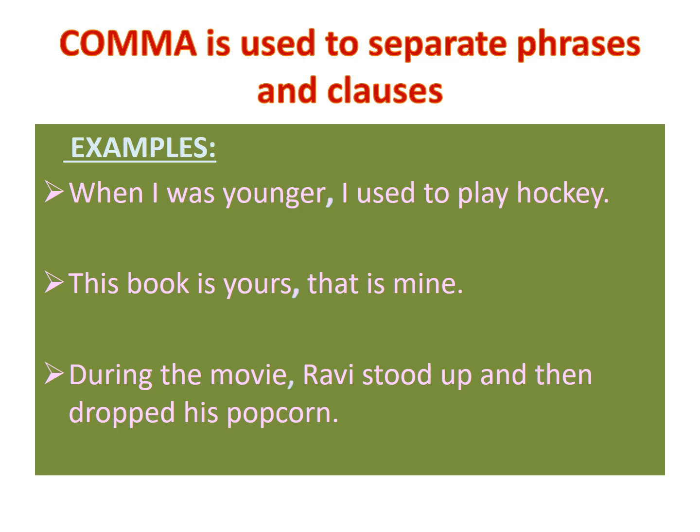The third sentence consists of a phrase and two clauses. During the movie, Ravi stood up and then dropped his popcorn. The phrase in this sentence is during the movie, and the clauses are Ravi stood up and then dropped his popcorn. You know, these are two clauses. Ravi stood up, Ravi dropped his popcorn, because the second clause is also about Ravi, referring to Ravi only.